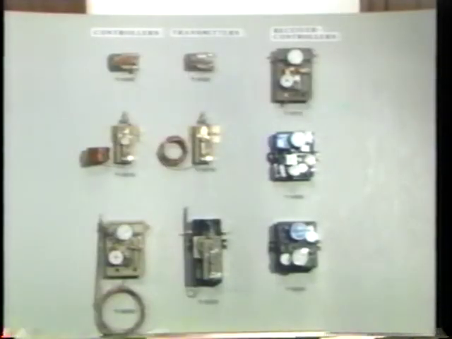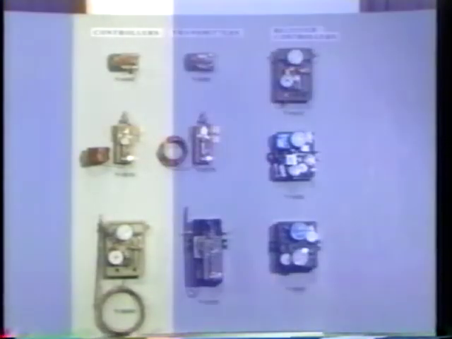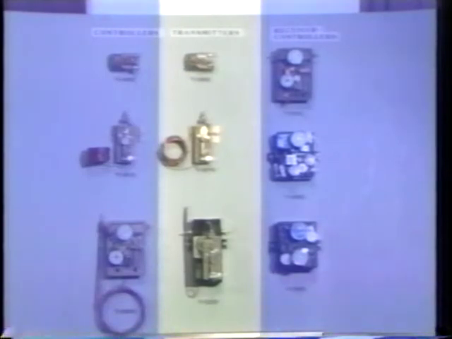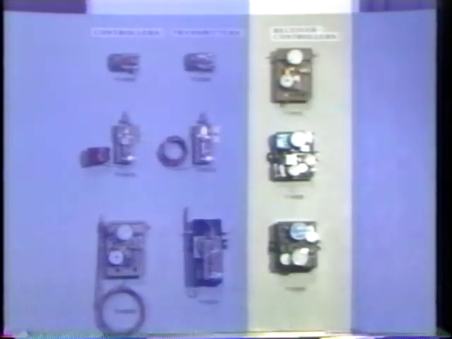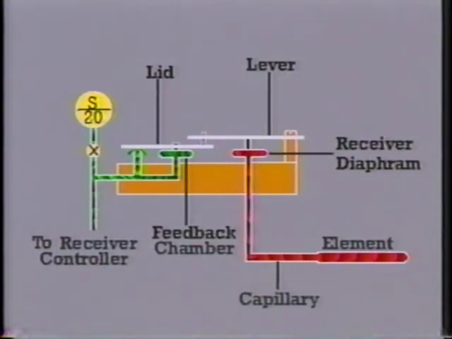We compared the physical and functional differences between controllers, transmitters, and receiver controllers. We watched the physical operation of the transmitter. Then we looked at calculations to help us make predictions of proper transmission pressure for any transmitter range at any sensed temperature.